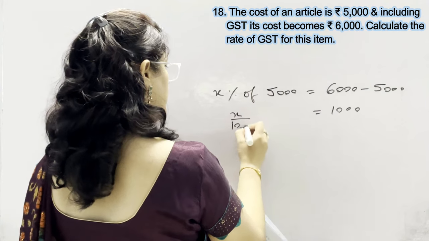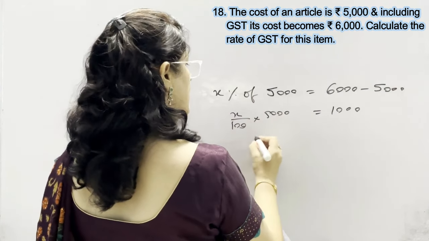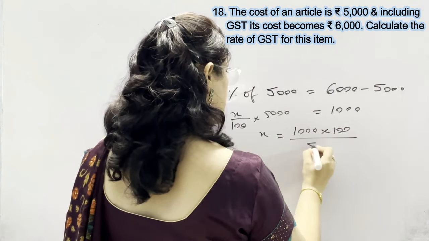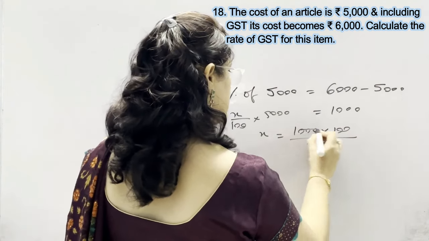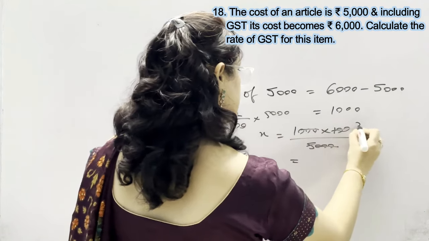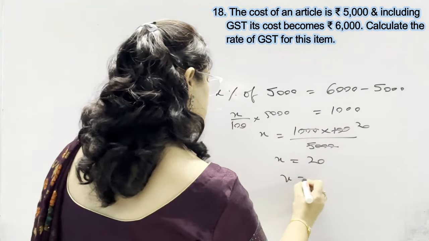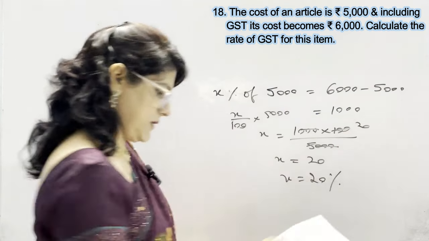So X upon 100 into 5000 equals 1000, X is equal to 1000 into 100 upon 5000. So the rate of GST is 20, it means X is equal to 20%.